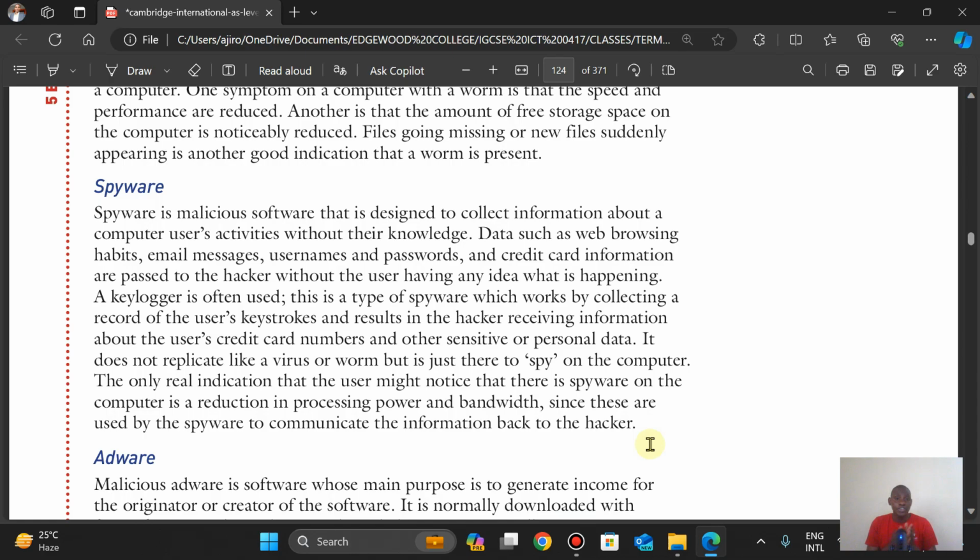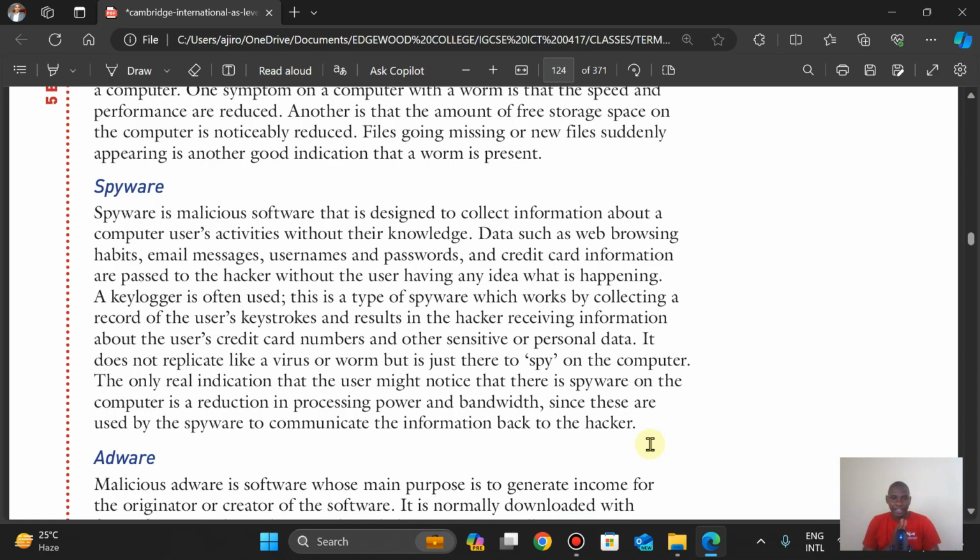And one thing that is used is what we call a keylogger. A keylogger is often used. This is a type of spyware which works by collecting a record of the user's keystrokes, and results in the hacker receiving information about the user's credit cards and other sensitive or personal data.